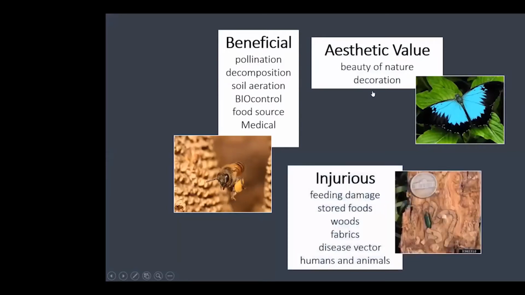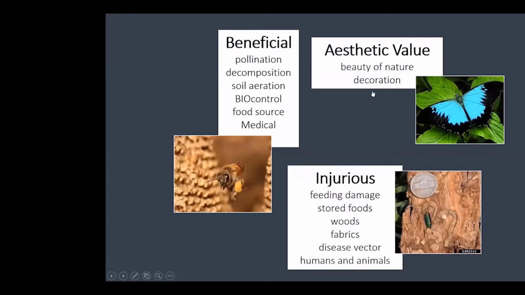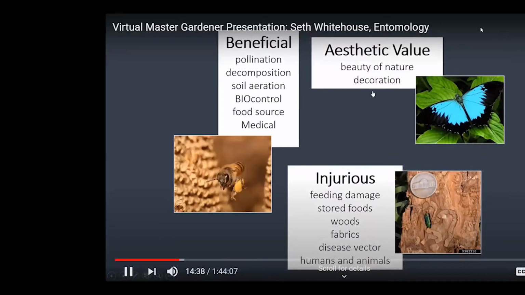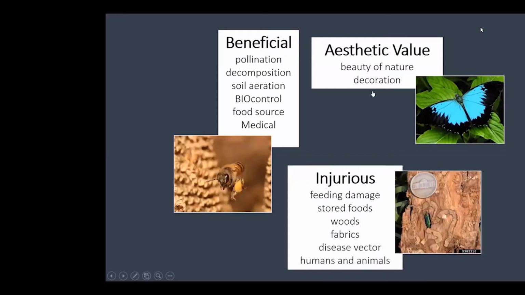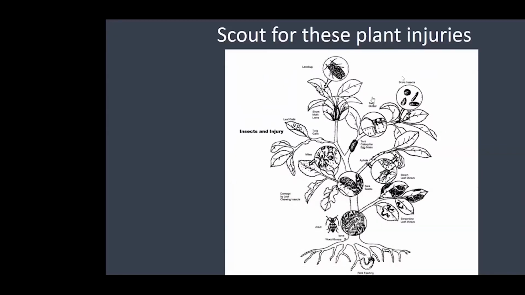And then, of course, the injuries that they can undergo, from forestry to gardening to row crops, disease vectors, transmitting diseases in our garden as well, stored foods. The list goes on as to why we care about insects and why we need to understand them in order to effectively control them.